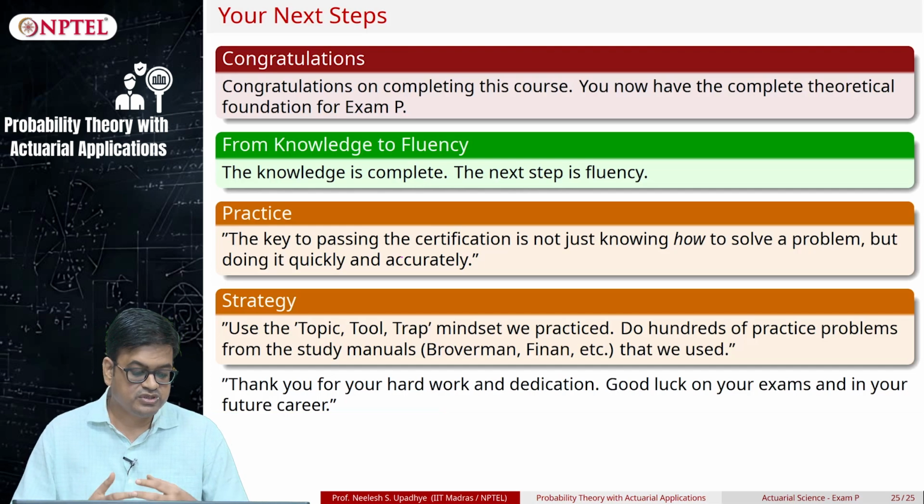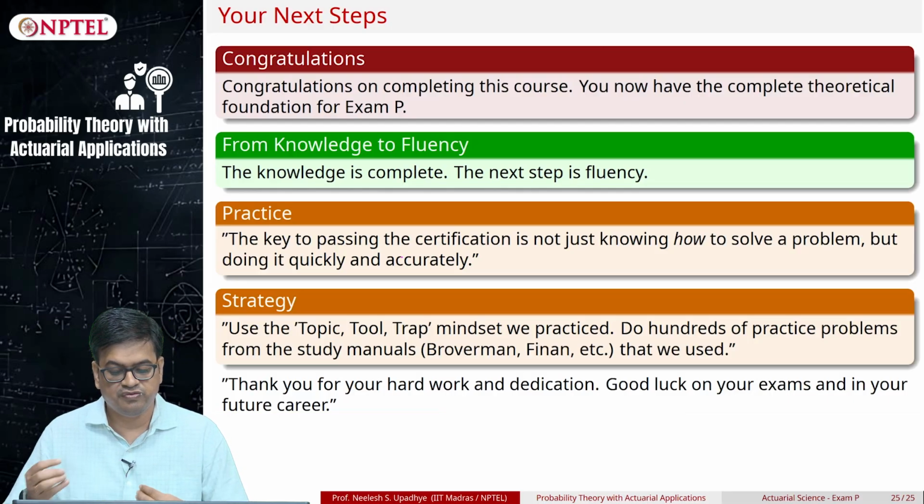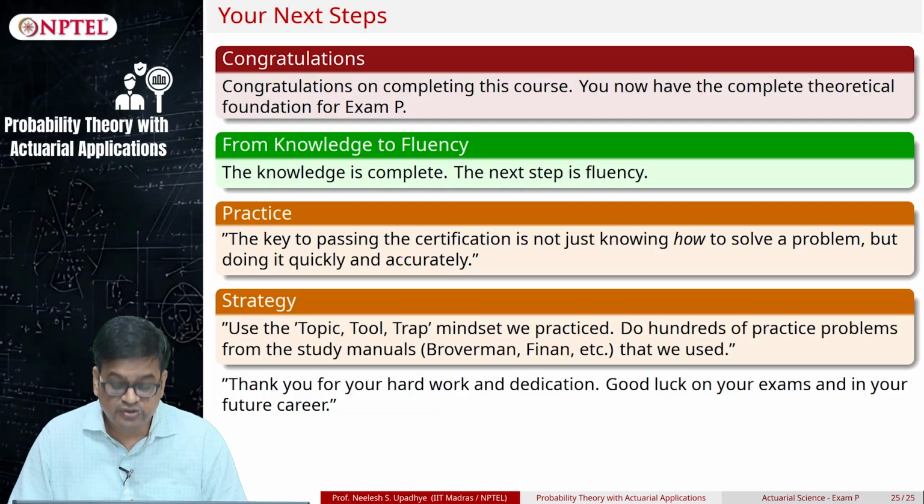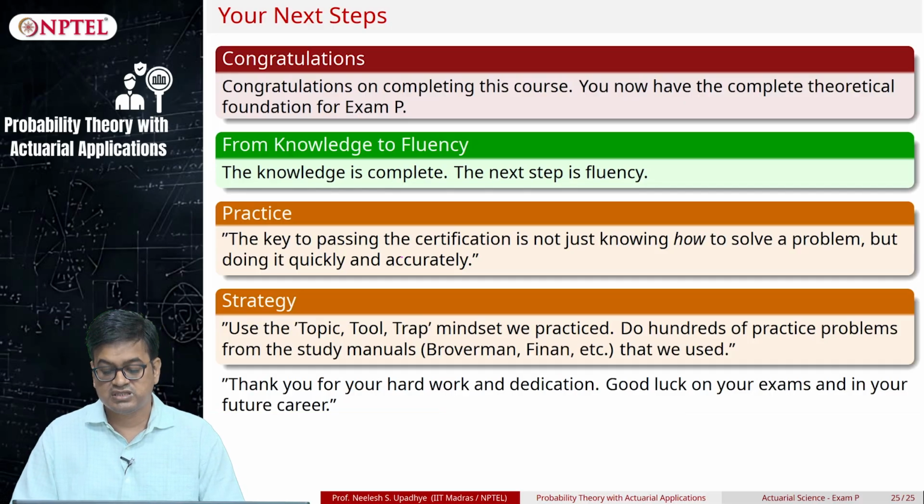We have used some of the study materials available in Broverman and Finan, which are very popular in the actuarial context. You can also use that study material, and thank you for your dedication and hard work in listening to these lectures, and good luck for your exams and in your future career.